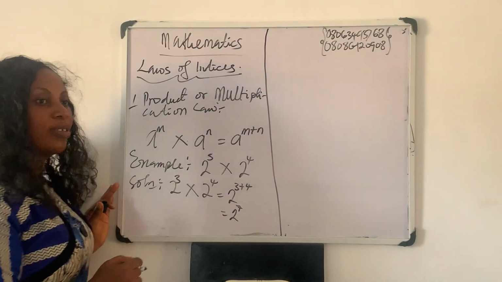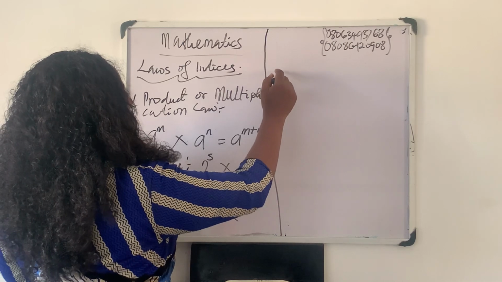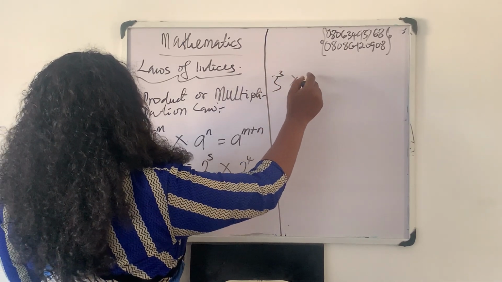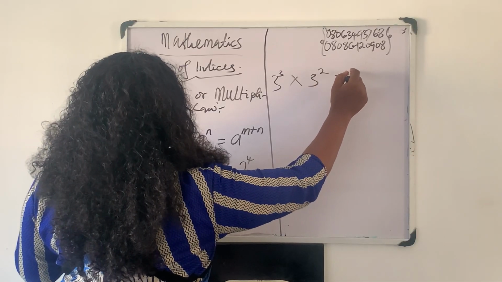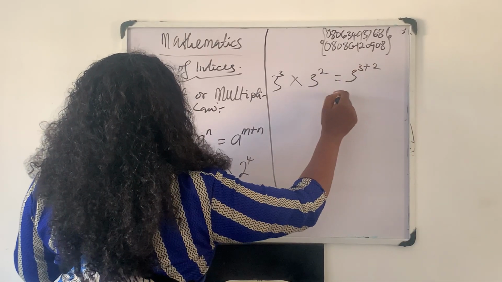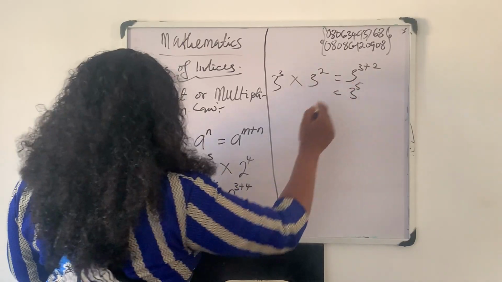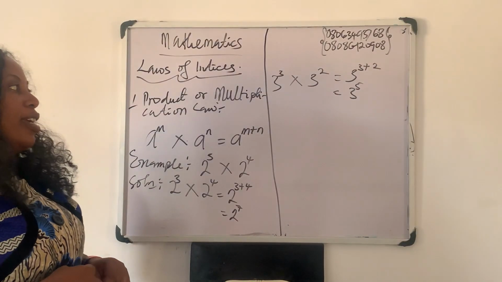That is, 3 plus 4 is 7. Similarly, 3 raised to the power 3 times 3 raised to the power 2 is equal to 3 raised to the power 3 plus 2, giving us 3 raised to the power 5. That is what the product or multiplication law is all about.